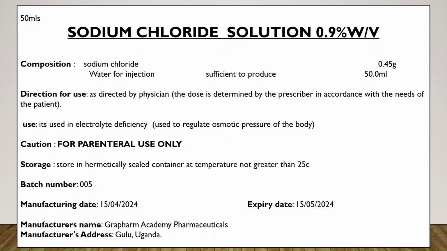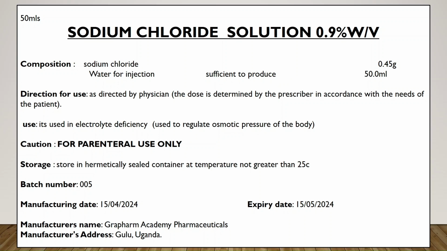But if it is not given to a specific patient, if you're not dealing with a prescription, then you just indicate it as directed by the physician. It is used in electrolyte deficiency, that is, used to regulate osmotic pressure of the body, like how we talked about it in the last slide.